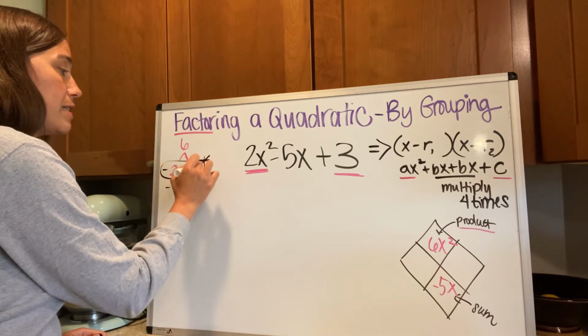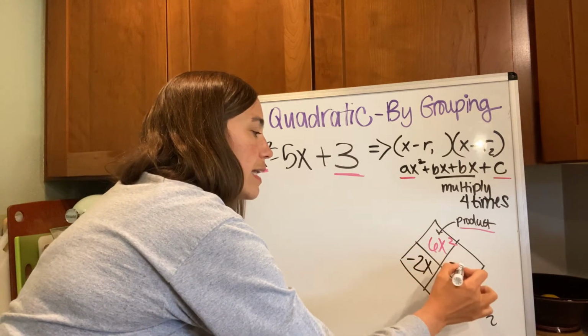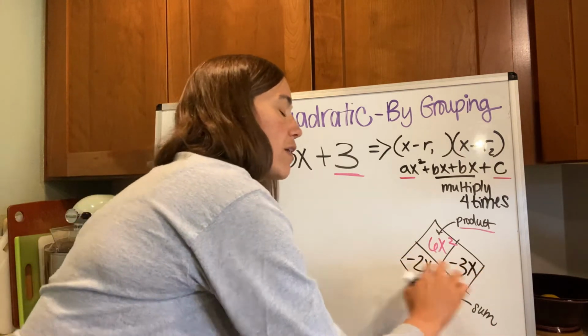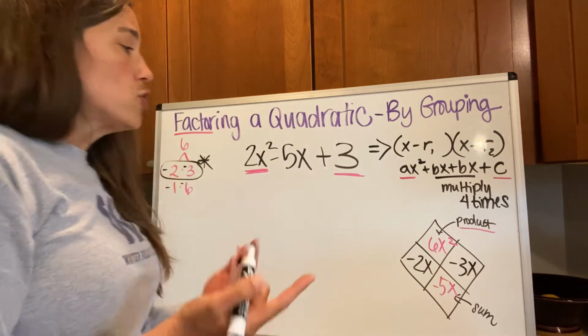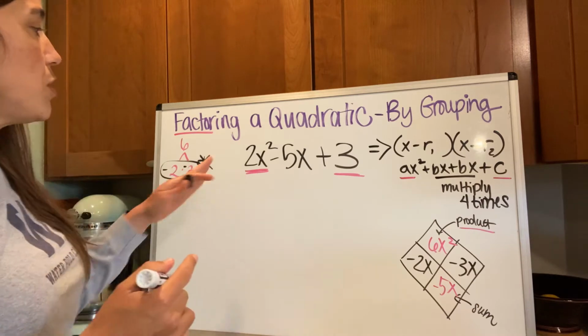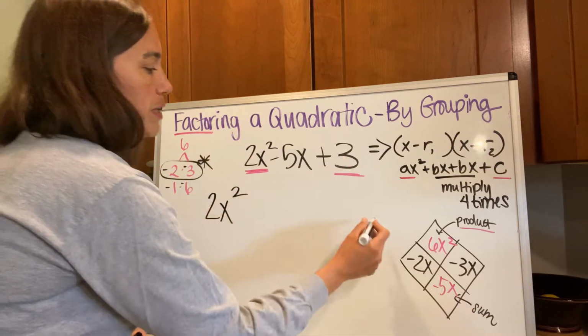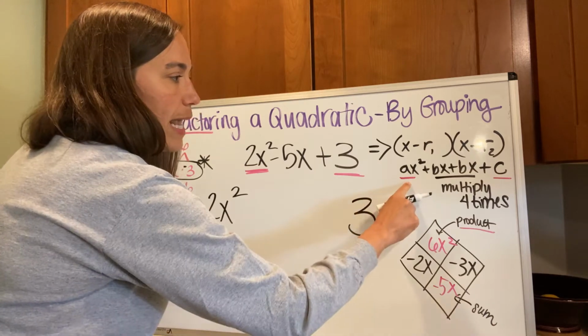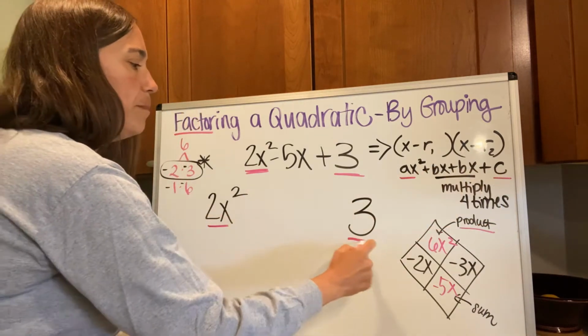So we're going to use these today. Now, because these are x terms, I'm going to write negative 2x and negative 3x. Just remember, it doesn't matter where you place those inside the diamond problem. So when I factor by grouping, I'm going to write my 2x squared out, and I'm going to bring down my c term of 3, just like my ax squared and my c here. I'm going to underline those so you know where those came from.